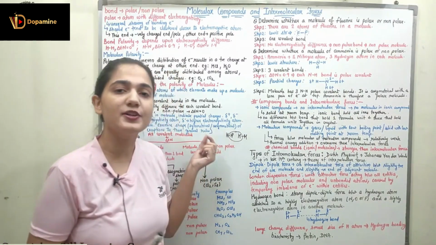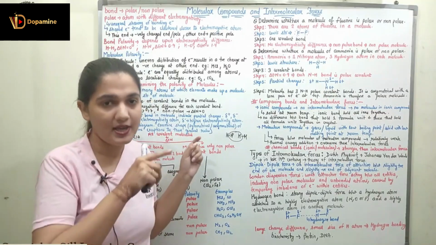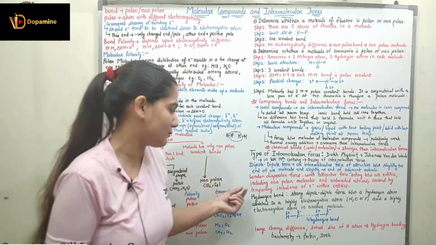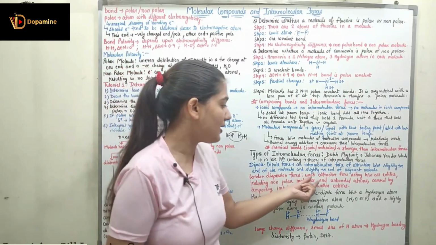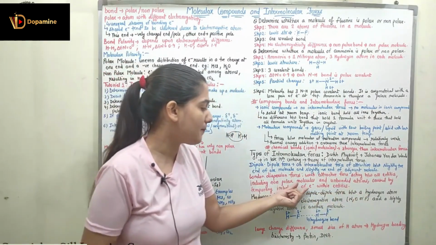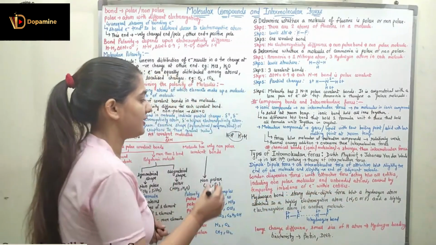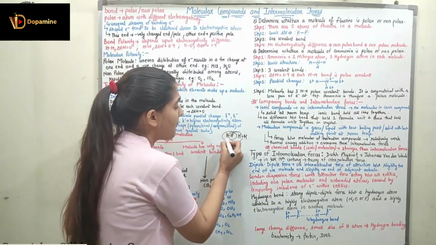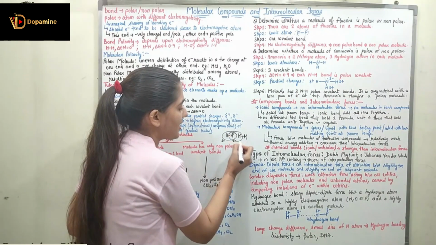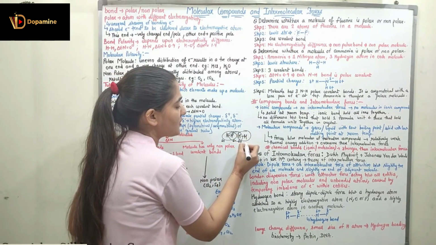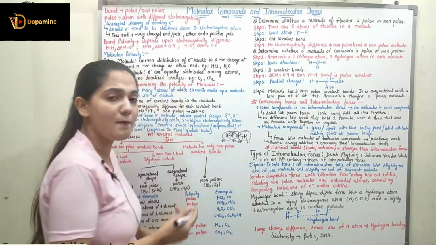This London dispersion force is not present just in non-polar molecules, it is present in polar molecules as well. So it is present in non-polar molecules as well as unbonded atoms, caused by a temporary imbalance of electrons within the entity. So in this entity we can have a temporary partial positive and partial negative charge, and here also we can have a temporary partial positive and partial negative charge formation.